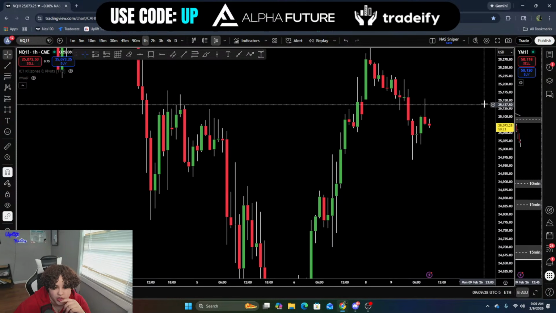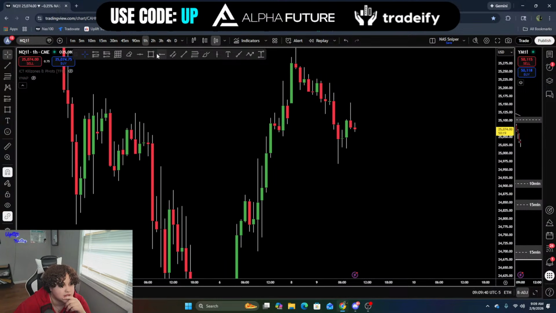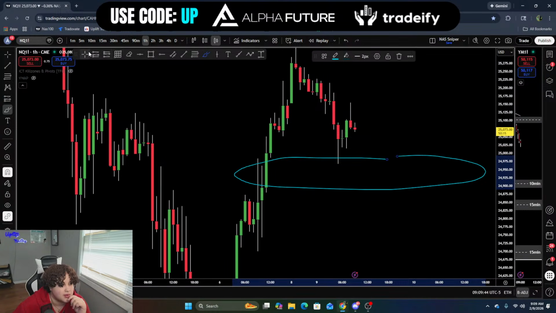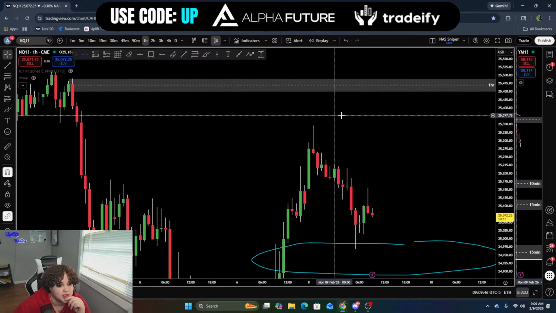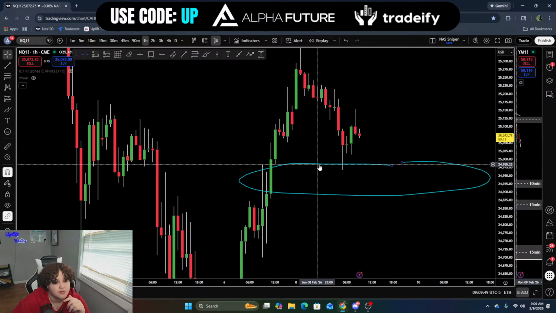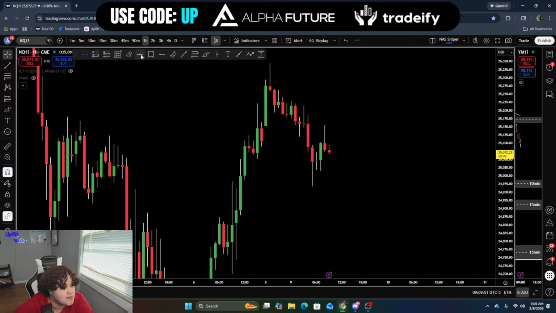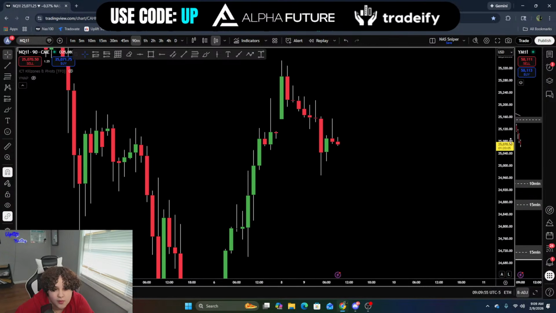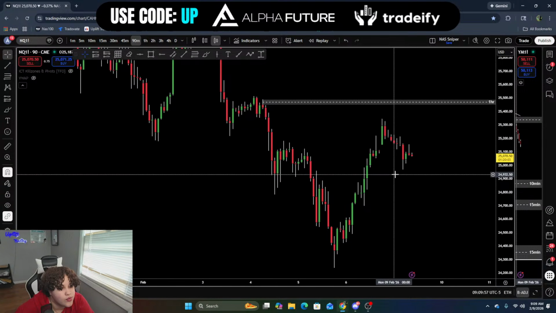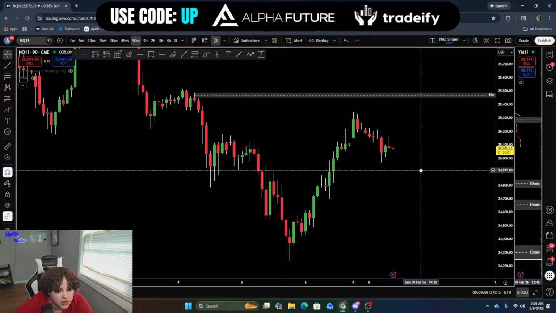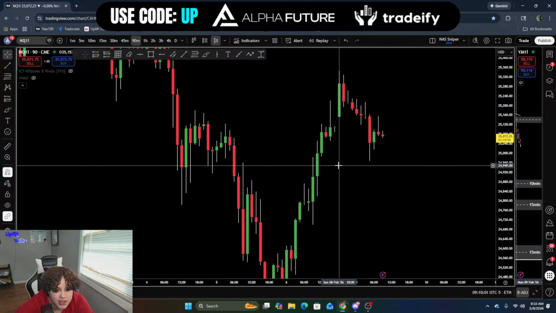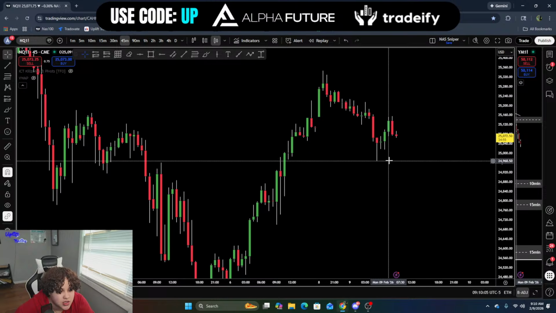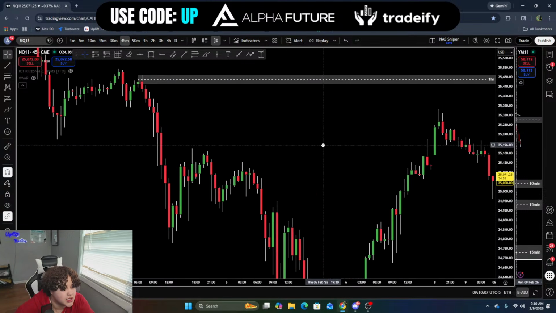Right now, what I'm really looking for is some sort of zone right below price and then maybe above these highs here. That way I could maybe trade this breakout trade. But the only way I would trade a breakout trade is if there's good volume, which there could be a chance that it's choppy today.